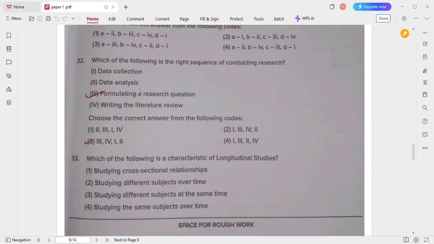So after formulating a research question, we have to write a literature review, then we have to collect the data, then we have to analyze the data. So that is third option is the correct answer. The next one, which of the following is a characteristic of longitudinal studies? So longitudinal studies means studying the same subjects over time. This is what explains the longitudinal studies. So option 4 is the correct answer.